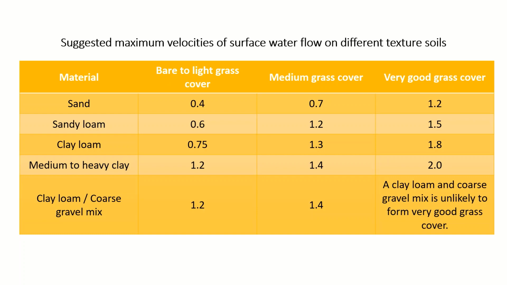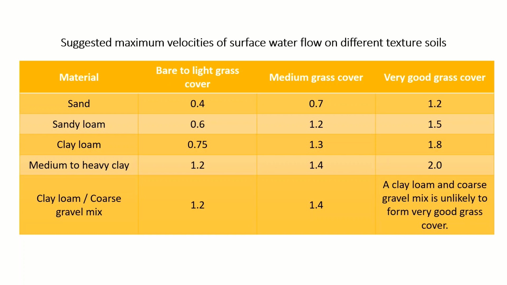But if the soil texture is sandy and the grass cover is very good, then up to 1.2 meter per second is considered safe. This is the maximum velocity. Beyond 1.2, even though the grass cover is very good, the runoff will start becoming erosive. So soil particles will start flowing with the runoff.